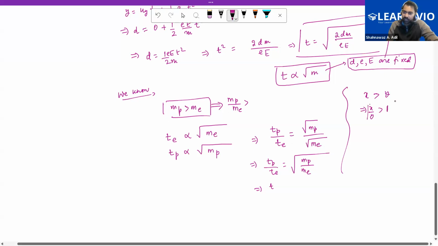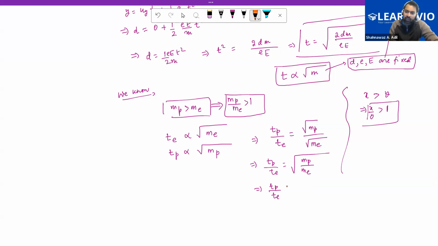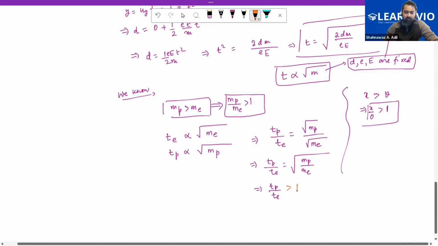So MP by ME is greater than 1, right? We can put that value in here, so this would be greater than 1, and we can write that thing as greater than 1, right?